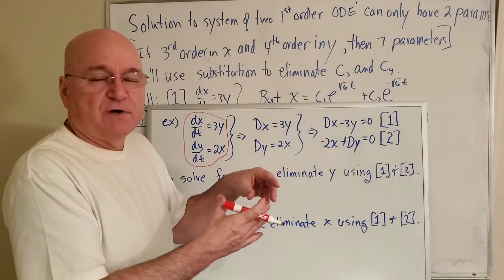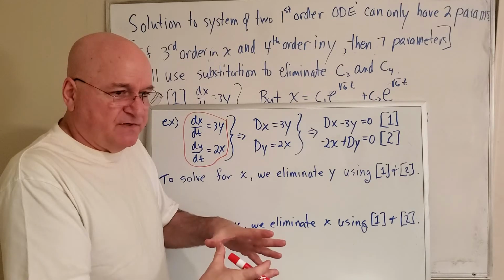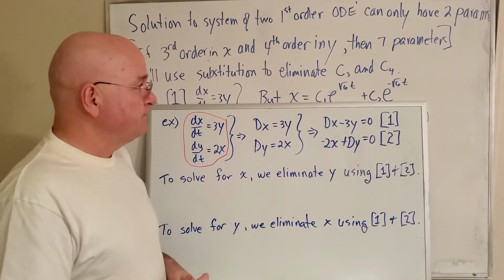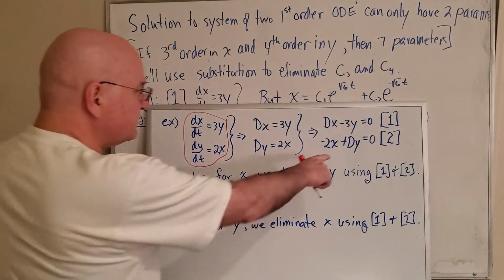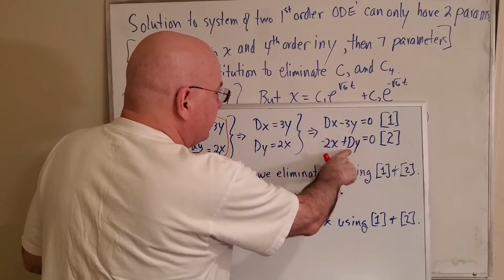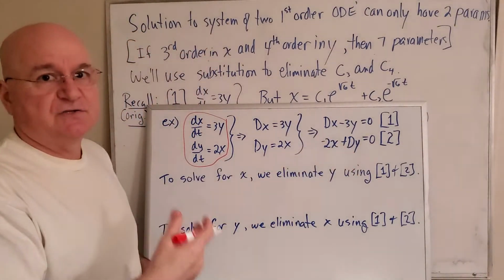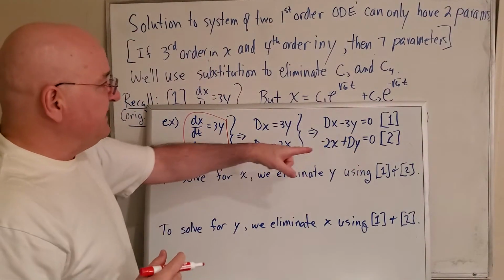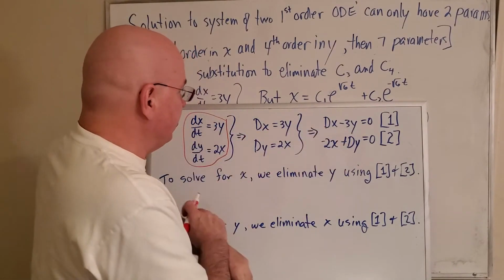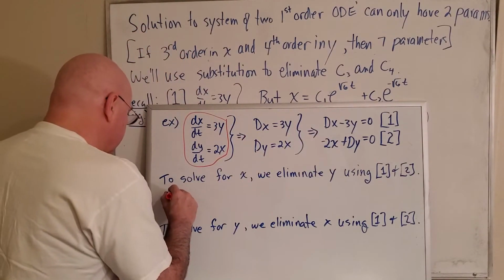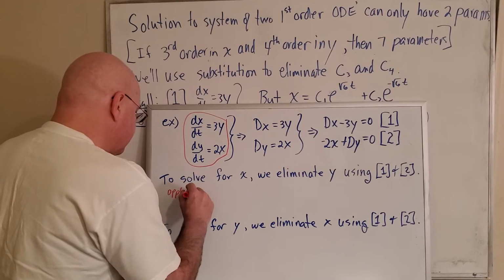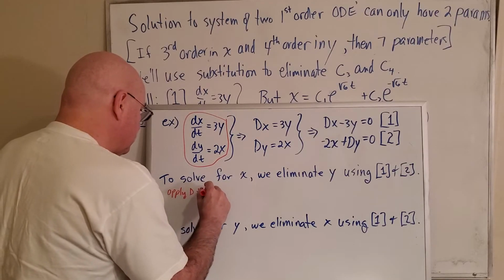One will be positive, one will be negative. And then when I add the two equations, they'll disappear. So I have a negative 3y here, and I have capital D applied to y there. So I'm going to need a capital D up here, which means I will apply D to 1.